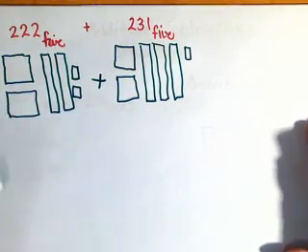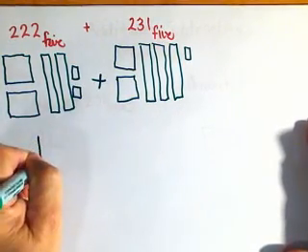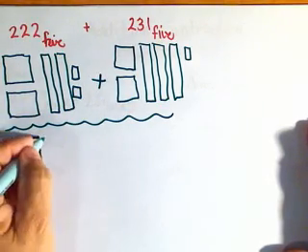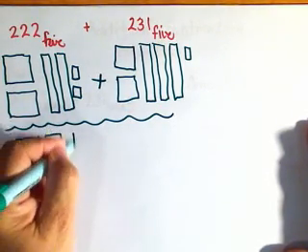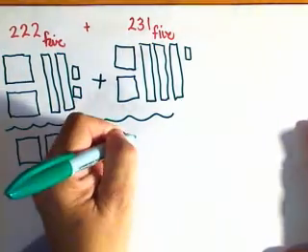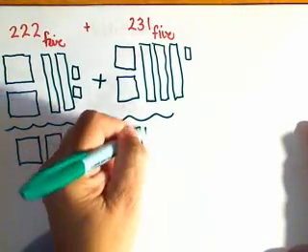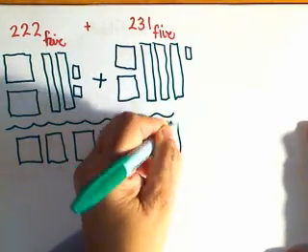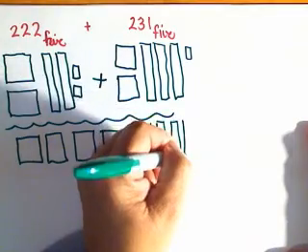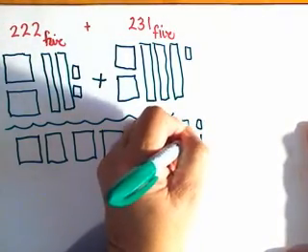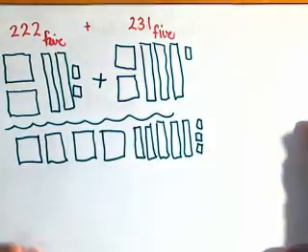So now let's combine all of those. So then down here, I have 1, 2, 3, 4 flats, and 1, 2, 3, 4, 5 longs, and 1, 2, 3 units.